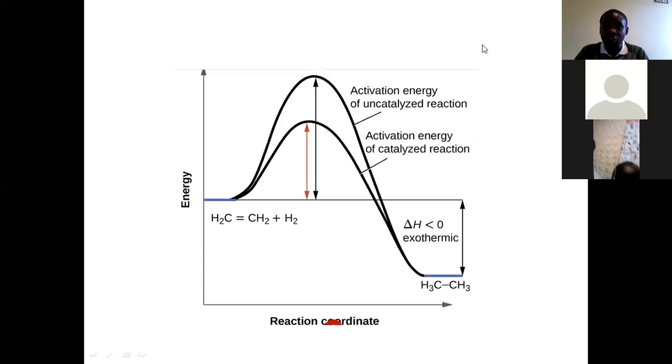On this graph, you can see the activation energy for an uncatalyzed reaction is very high. But when a catalyst has been used, it reduces this activation energy so that the reaction can progress much, much faster.